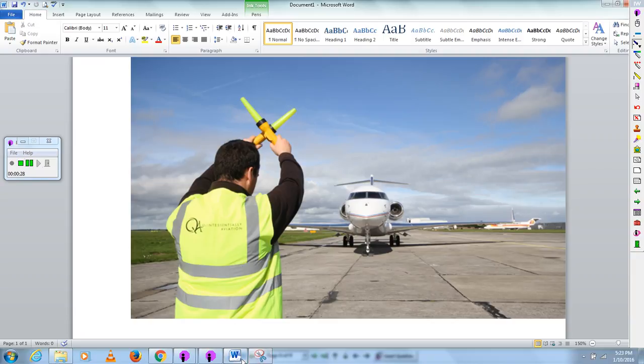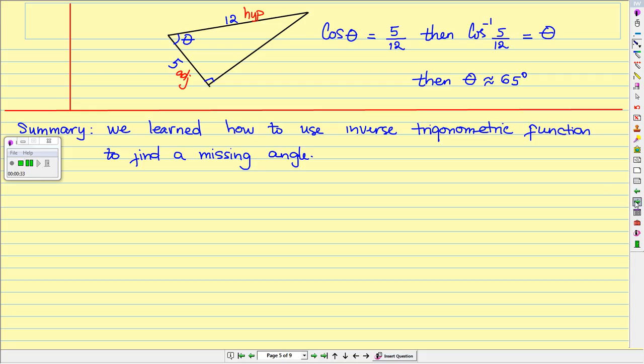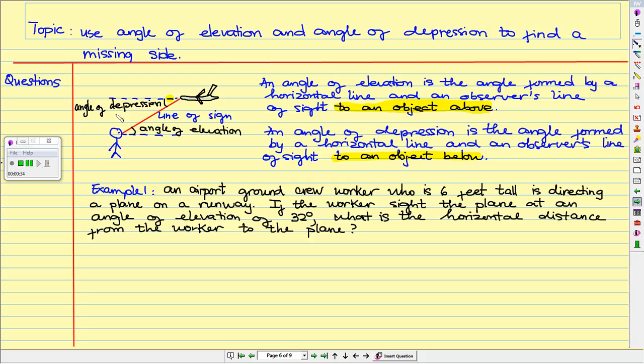Now let's look at the picture that I just drew here. This is the airport ground crew, and this is the airplane that the ground crew tries to help the pilot to land.